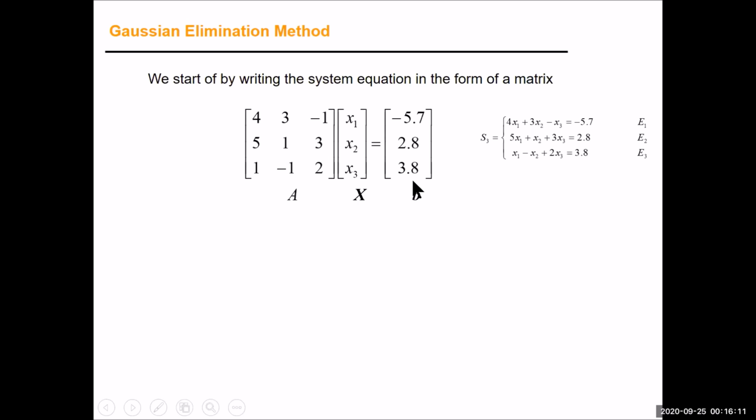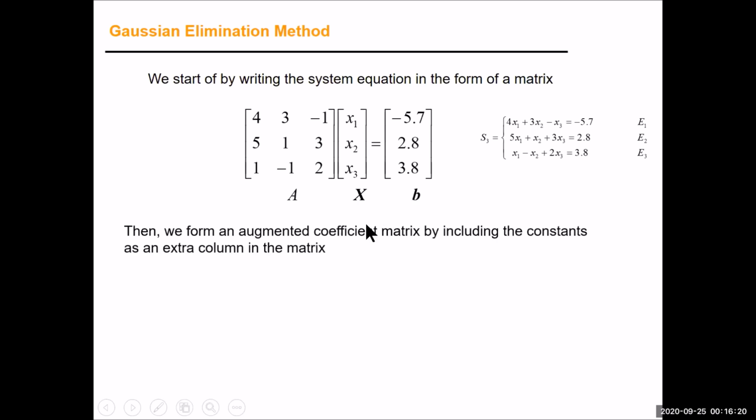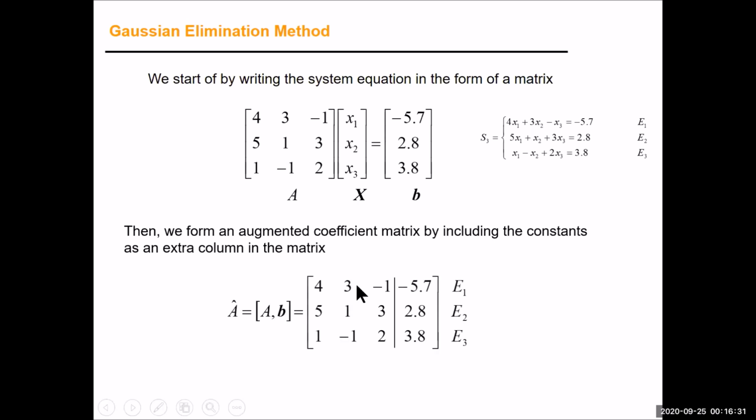Okay. Now the first step in Gaussian elimination, other than transforming it into this matrix form, is to rewrite the matrix equation up here in this A hat form. This is what we call the augmented coefficient matrix, which is simply a shorthand.